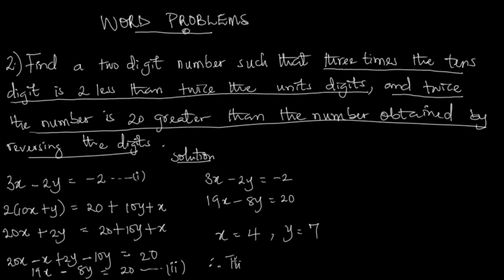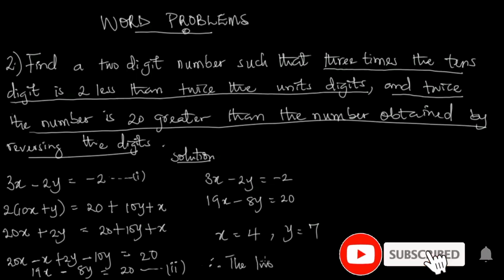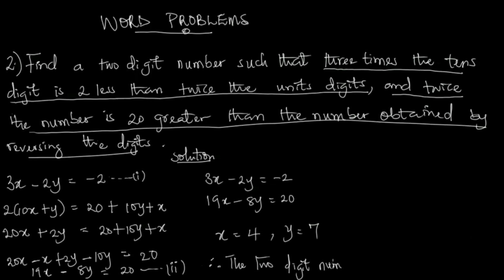Therefore, the 2-digit number is 47. Okay, and this is our final answer. I've come to the end of question 2. Moving on to question 3.